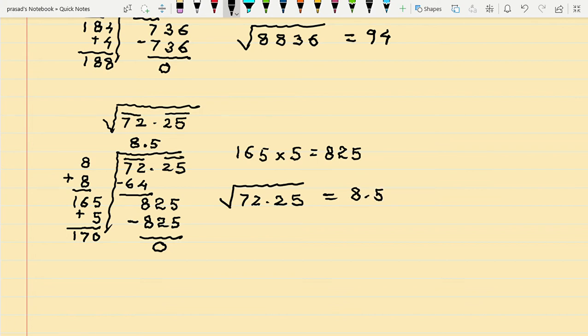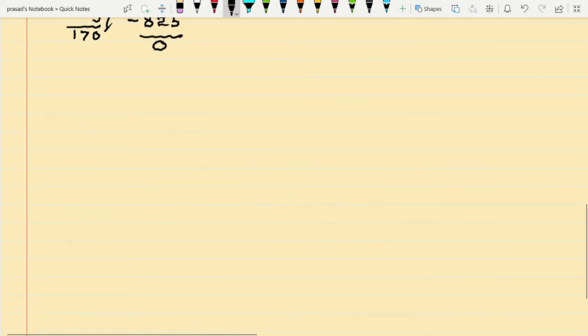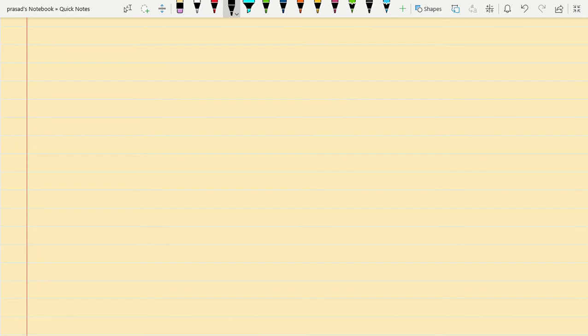Let us take one more problem to make this concept clear. So let us take square root of 174.24. So on the right of the decimal point, starting from left to right, make a group.